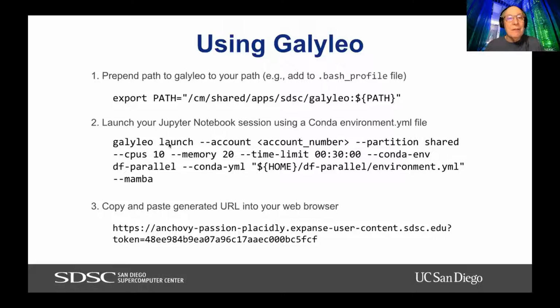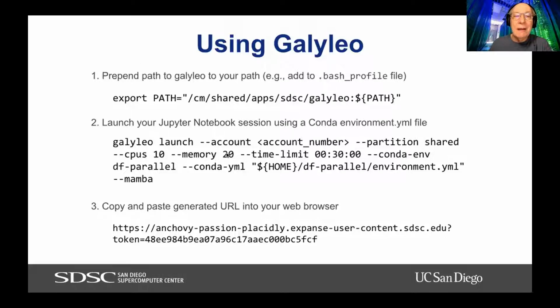So you say Galileo launch, and then you say the account number. Remember when we looked at the Expanse portal, that's how you get your account number here. And then we talked about partitions. So if you run on CPU, you generally want to use that shared partition and say, okay, I need 10 CPUs and 20 gigabytes of memory.